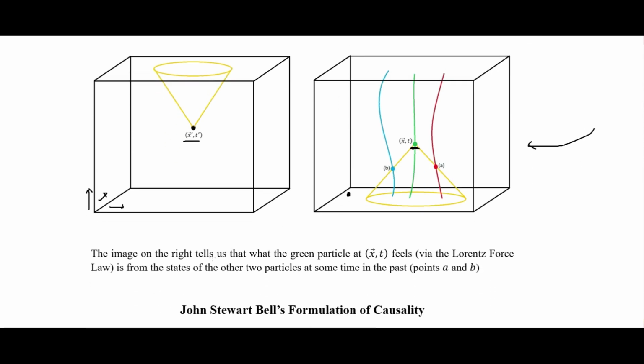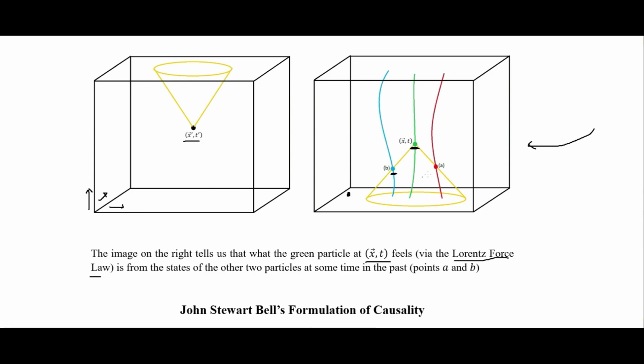The image on the right tells us that this green particle at this point x, t feels, via the Lorentz force law, the other two particles at some time in the past. So this point right here is feeling the effects of this particle from this point in the past right here.